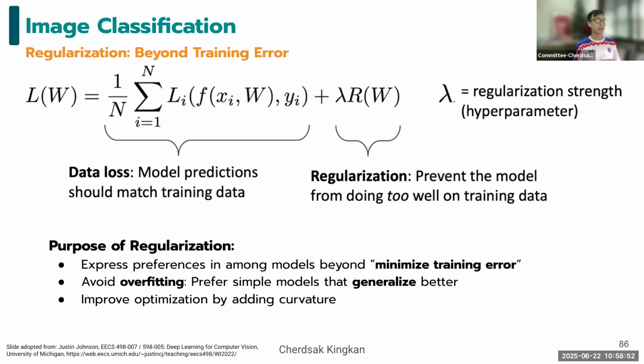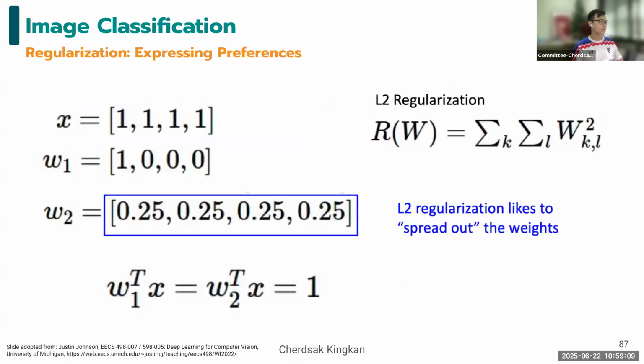When we are talking about convolutional neural networks, we might add some curvature into the space of the models, so that we get better models, right?